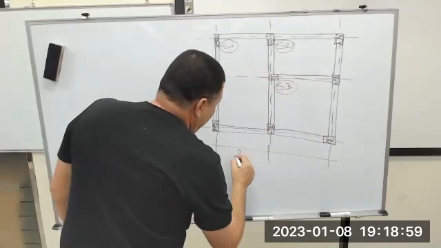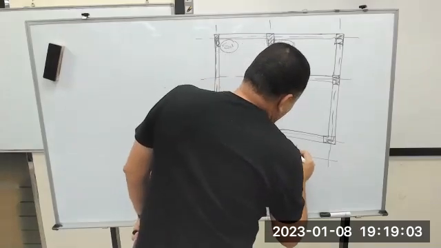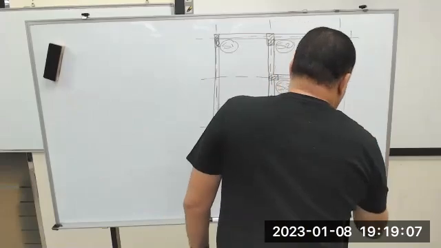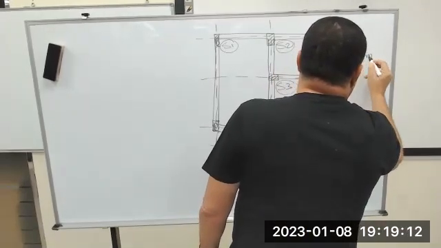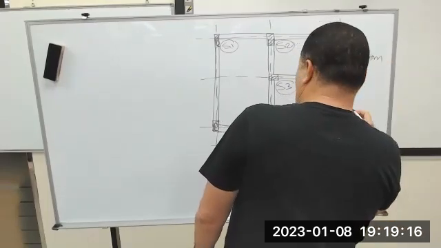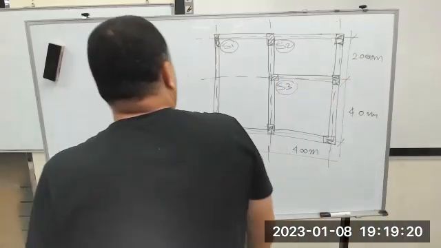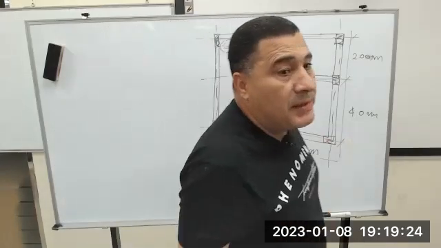Okay, we have 2 meters, 4 meters, and you have 2 meters and 4 meters. Here, how will the load in the slab transfer to the beams?